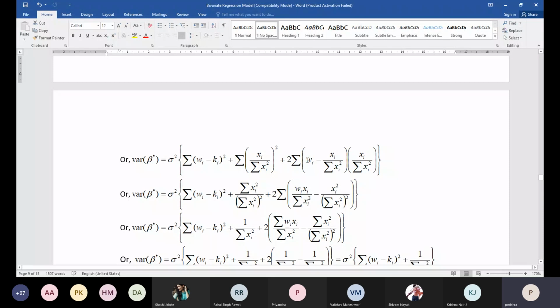This multiplied by this. So the first part would be wi into small xi divided by summation of small xi square. Again, this summation will come out of the summation operator. So ultimately, this part would be summation of wi small xi divided by summation of small xi square.